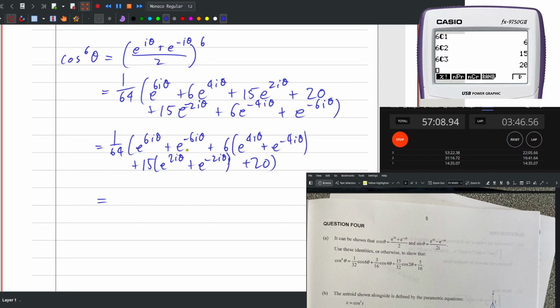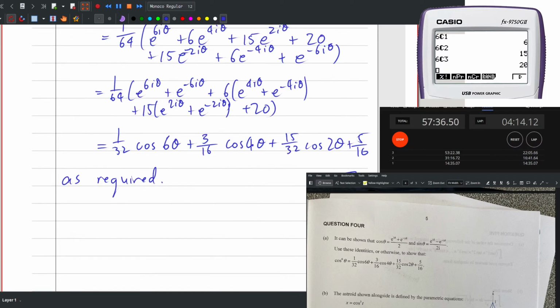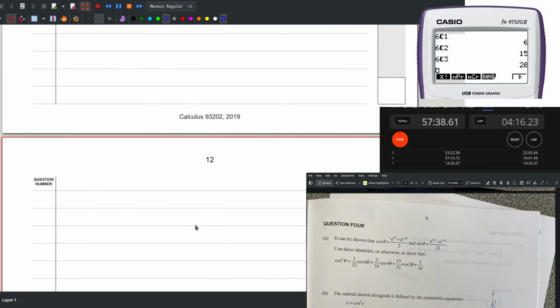It should be 1 on 64. Oh wait, no, because this is 1/6. Right. Okay, so yeah, you just make it plus 3 on 16 cos 4 theta plus 15 on 32 cos 2 theta plus 5 on 16, as required. And you gotta leave a little box at the end just to make sure they know you proved it.